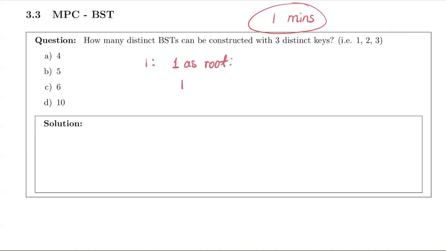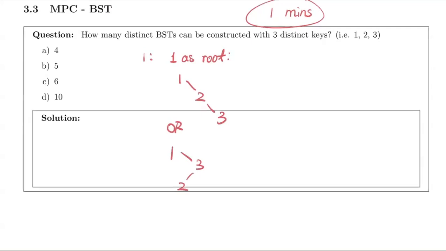The fact that it's a binary search tree limits the possible sequences. Both 2 and 3 are larger than 1, so they must go to the right-hand side. So either 1, 2, and then 3, or 1, 3, and then 2.